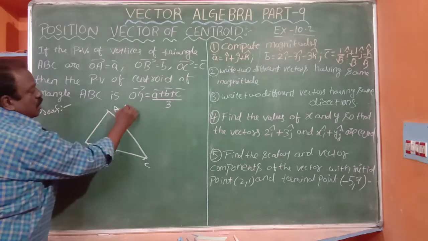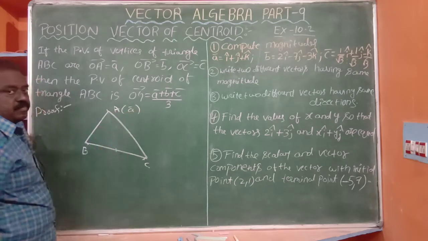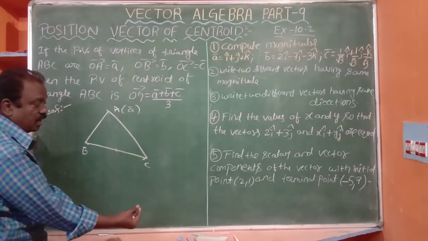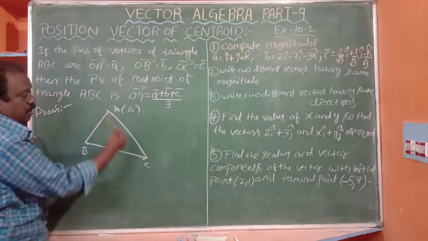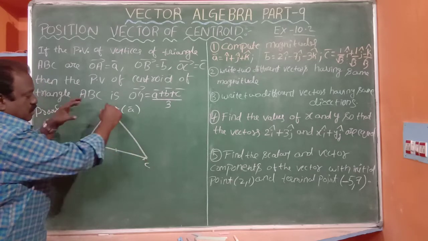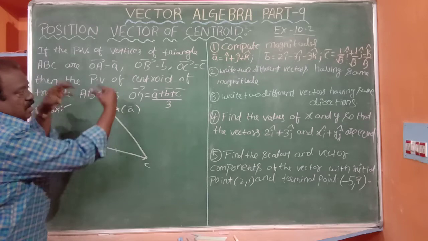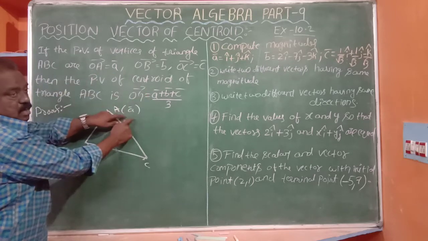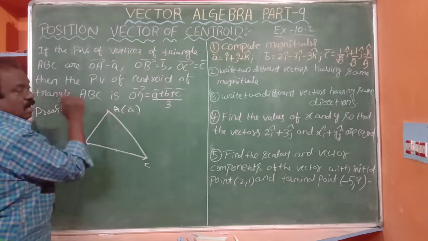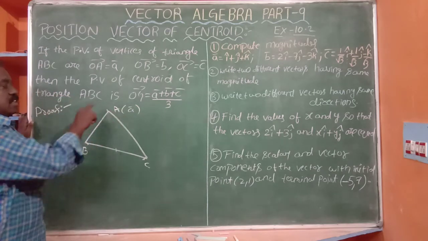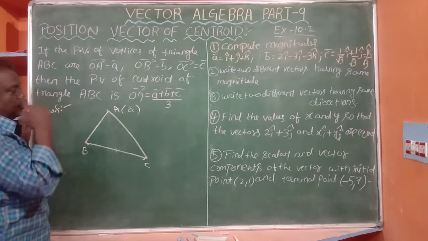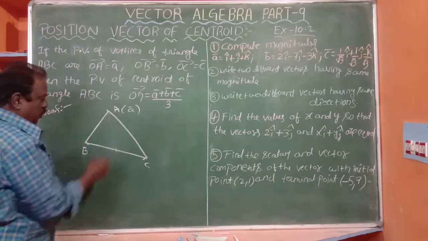If you write A bar in the bracket of capital A, that means O is there, the horizon, and OA bar is A bar. A is a point in space, and O is somewhere. That is the meaning of writing a single letter, A bar, in the bracket of that particular point: there is a horizon, the point is in space, and A bar is its position vector.